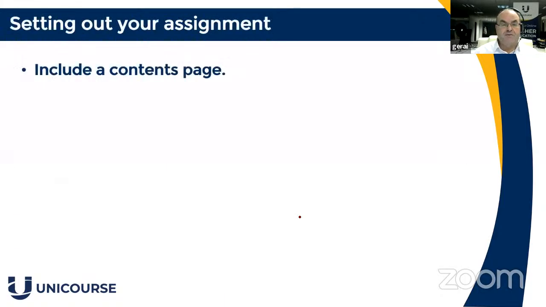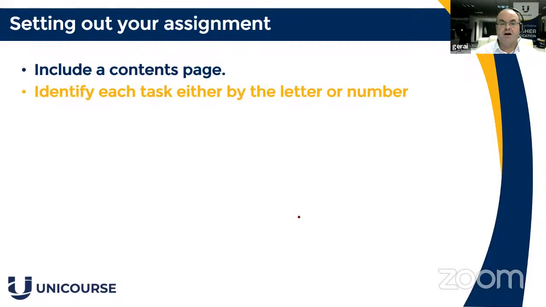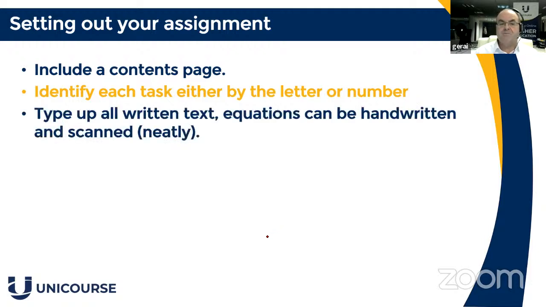Right, so that finishes this session. I don't want to go over this again, but don't forget what we need on your assignments when you complete them. Include a contents page, identify each task, and type it up, please. Equations can be handwritten, but scan them in using Microsoft Lens.